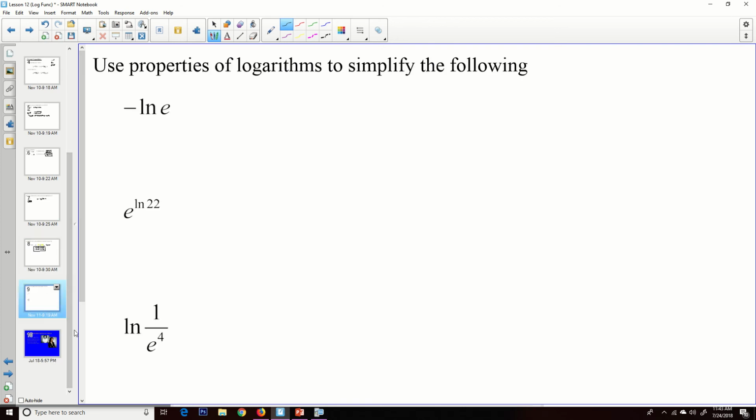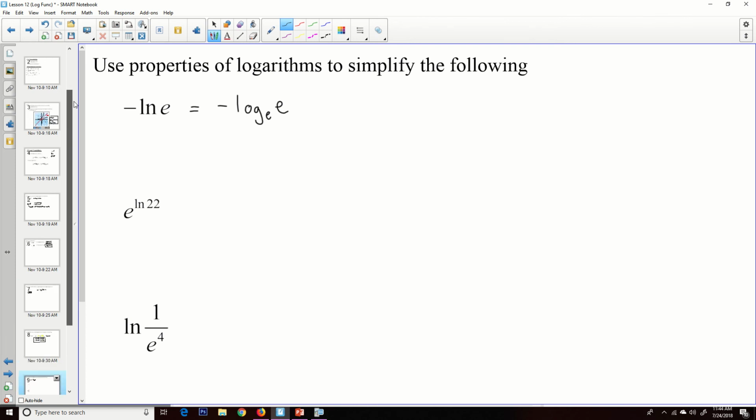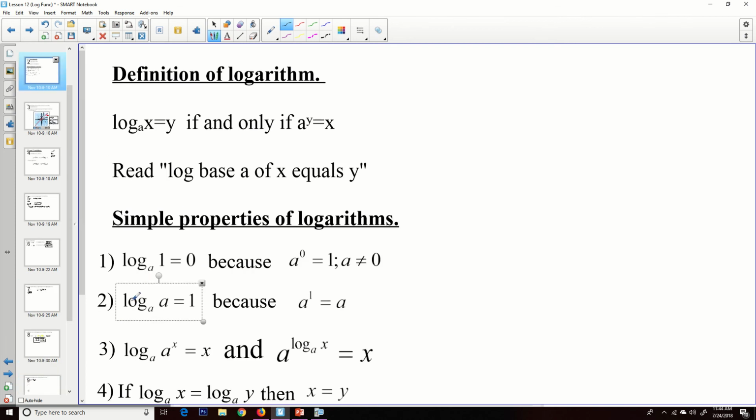All right, use properties of logarithms to simplify the following. Well, let's talk about this. ln e is the same as log base e, so I have a negative out front, and I'm changing this to log base e of e. And we already know from our properties that log base a of a is going to equal 1.